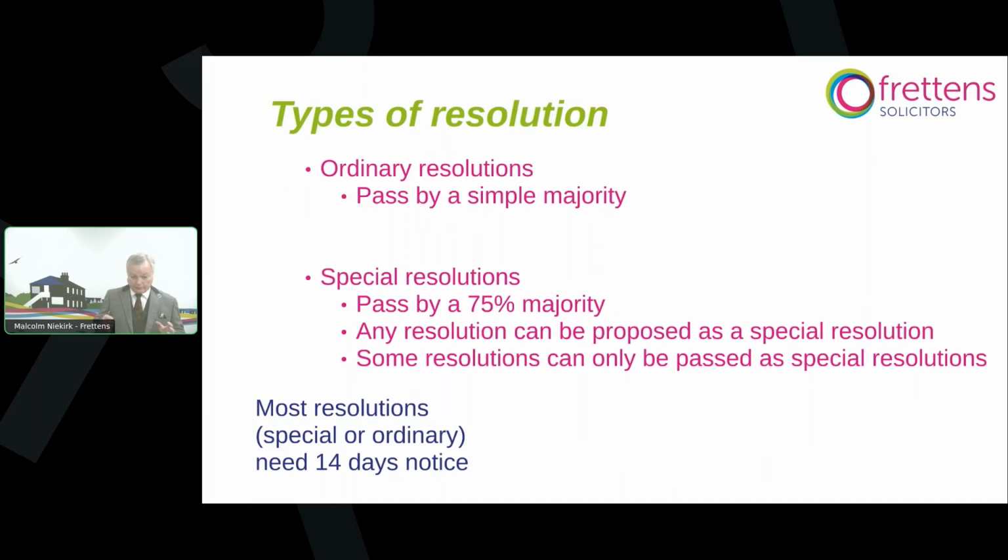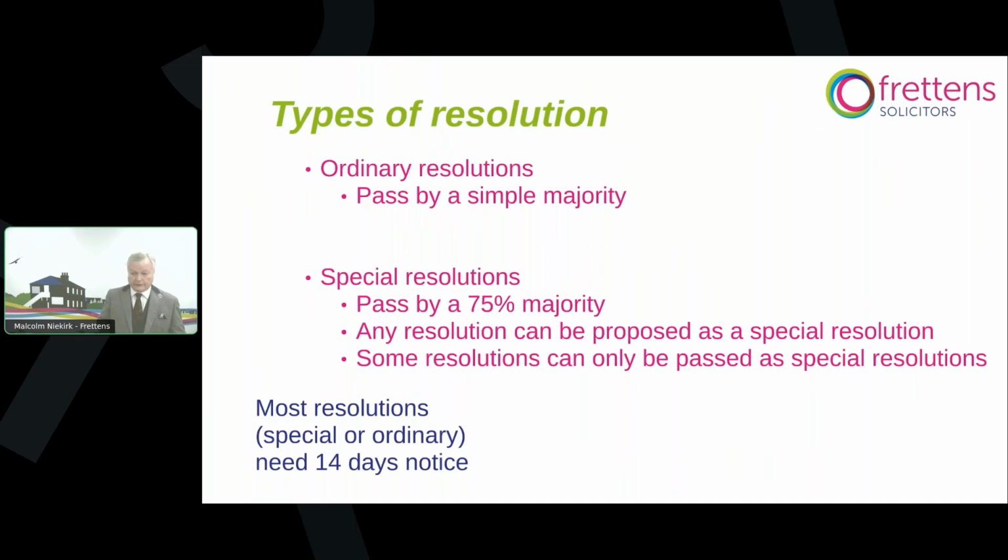If they think that they would want to act with that degree of support from the shareholders rather than a simple majority, they can propose absolutely anything as a special resolution. But there are some resolutions which can only be legally passed as special resolutions, and those resolutions, such as putting the company into voluntary liquidation, do require that 75% majority.